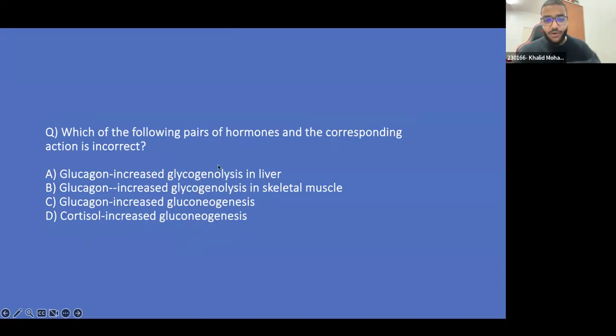Next question. Which of the following pairs of hormones and the corresponding action is incorrect?